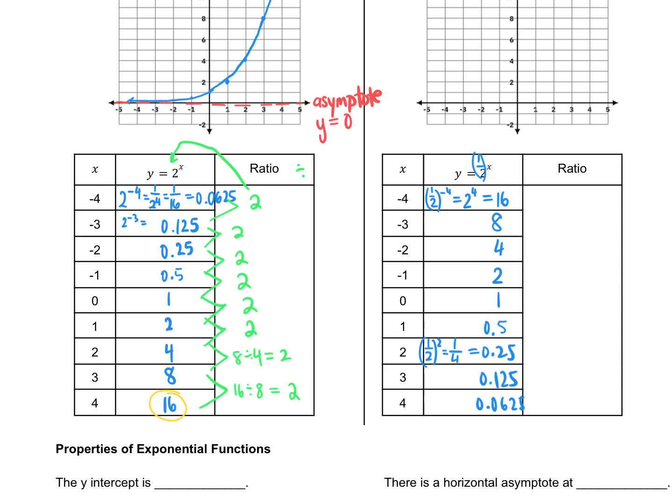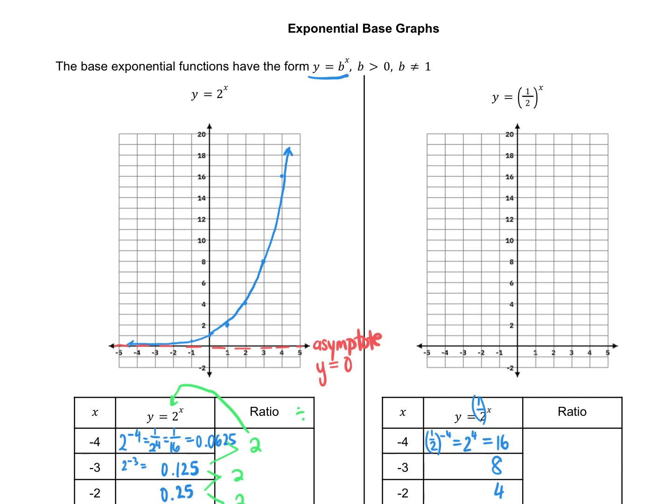So what that means in terms of our graph, we're going to start high. At -4, we're at +16. Then we're at 8, 4, 2, 1, half, 0.25, and getting closer and closer to that x-axis. So this now is not growth anymore when I read it from left to right.